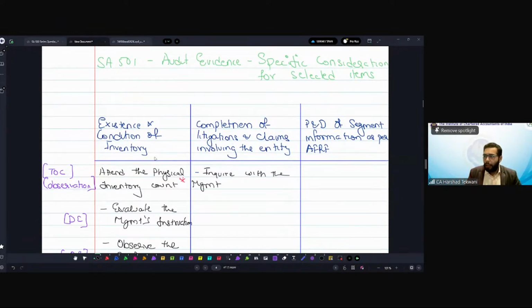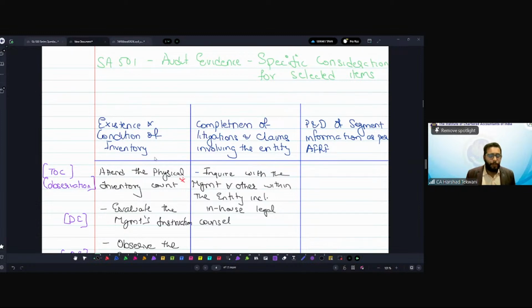And others within the entity, for example your in-house legal counsel.